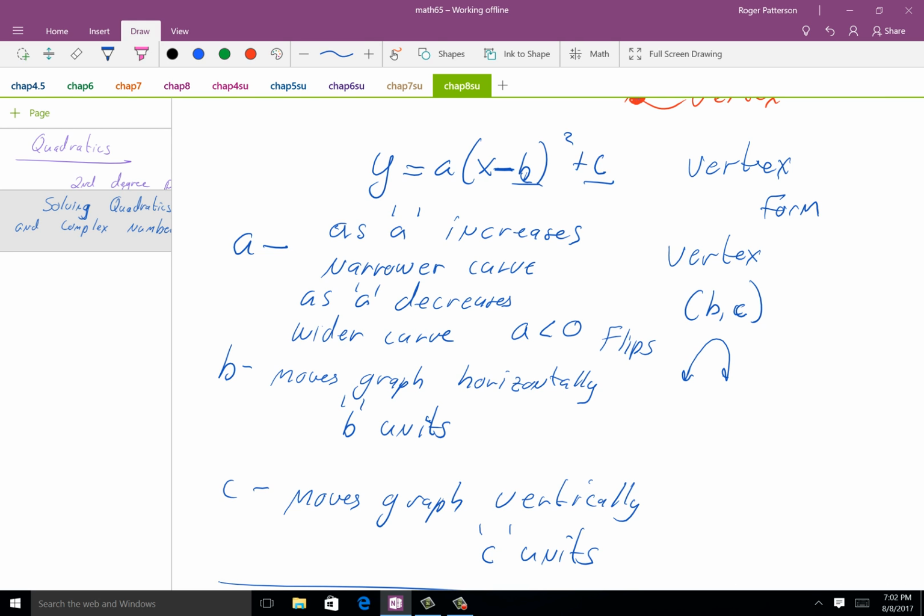All right, so let's do the purple one. Okay, y equals. So tell me about the purple one up there. Tell me something about A. Positive or negative? Negative.